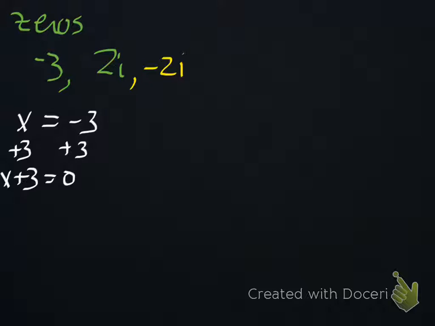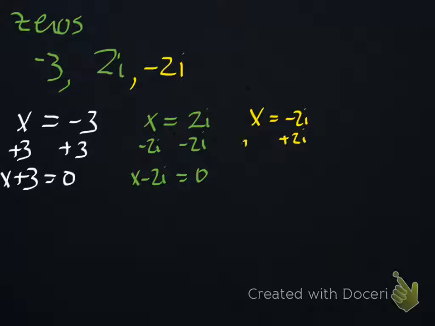Then for the next one, we have x equals 2i. So we're going to subtract 2i. So x minus 2i. And then for the last one, we have x equals -2i. So add 2i. And so x plus 2i equals 0.